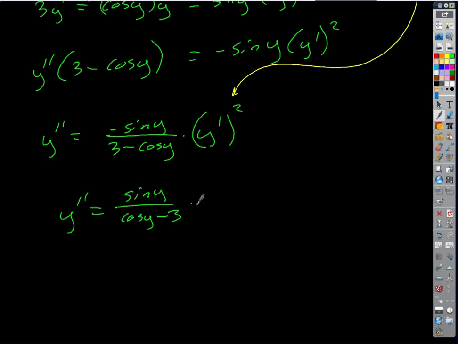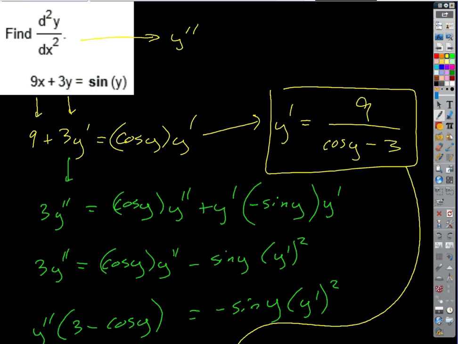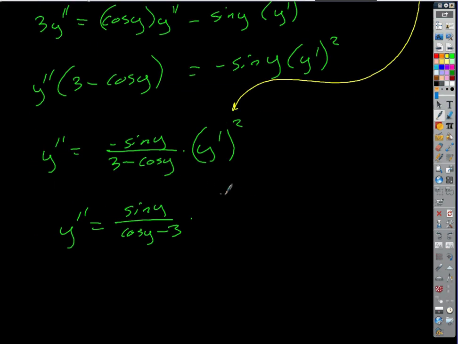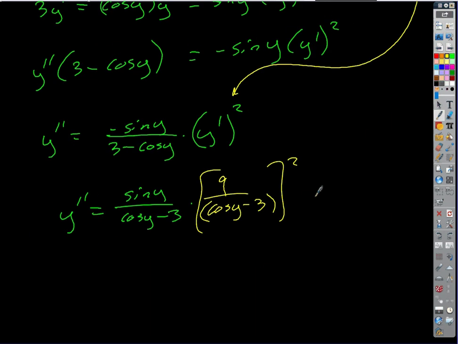Okay, times that squared, right? 9 over cosine y minus 3 squared. And then if I wanted to, I could even clean that up a little bit and say 9 squared is 81, right?